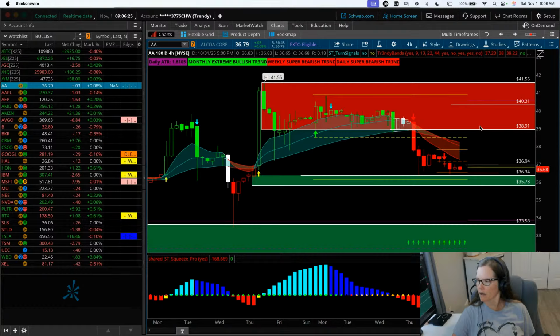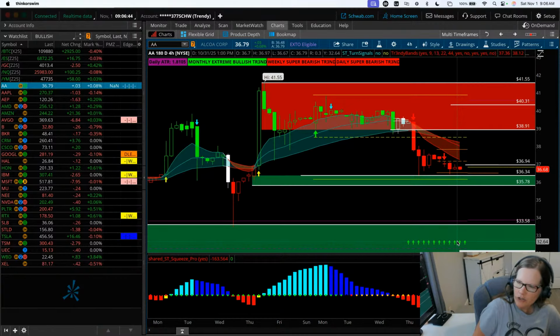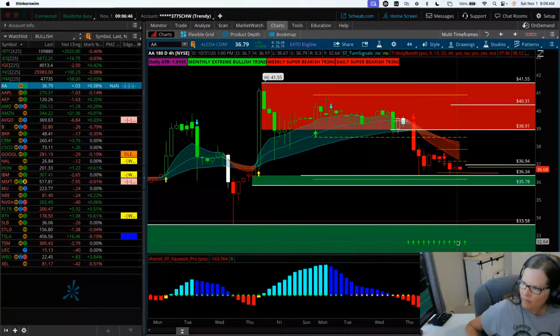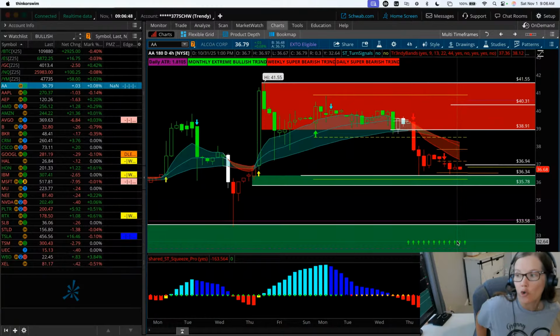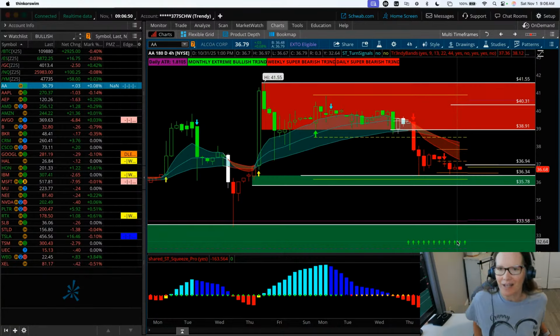What are all those green arrows in the lower green band? Yeah, so this is a part of trendy indicators, Michelle, and this is used for what we call an ACDC trade. And since we're on November 1st, we're going to get new ACDC setups this month for November.